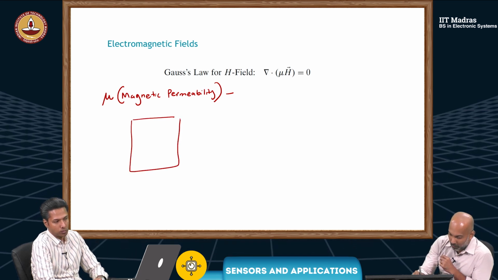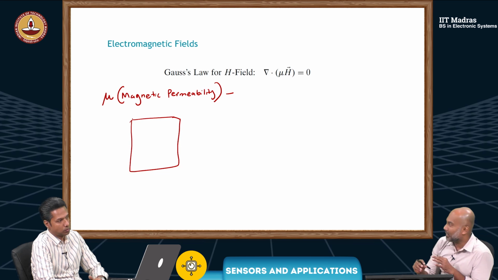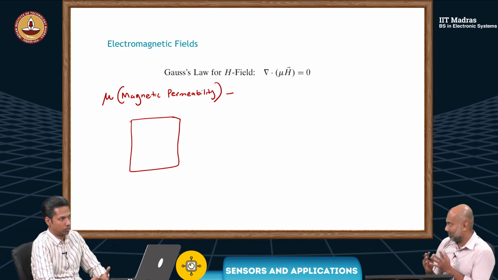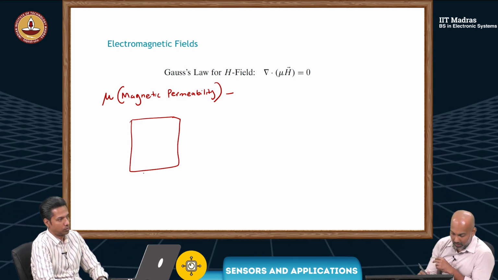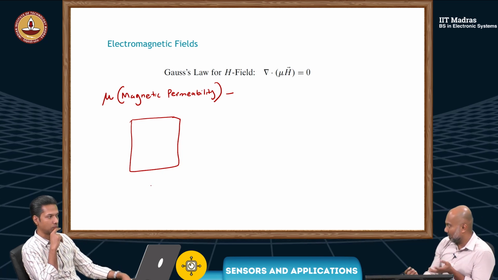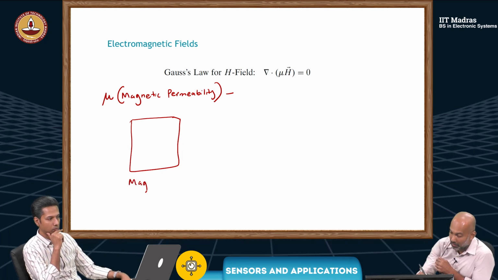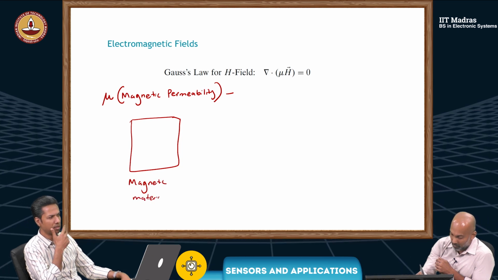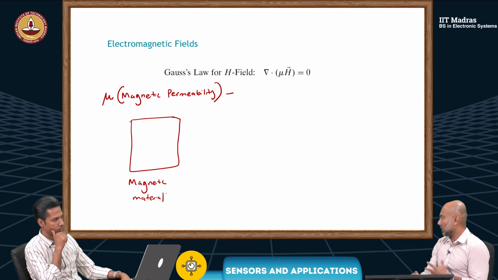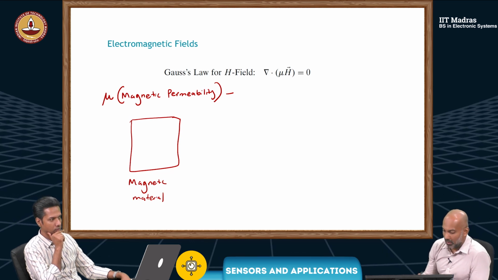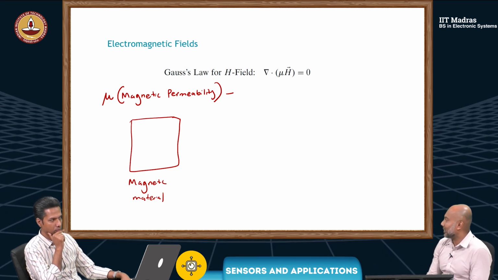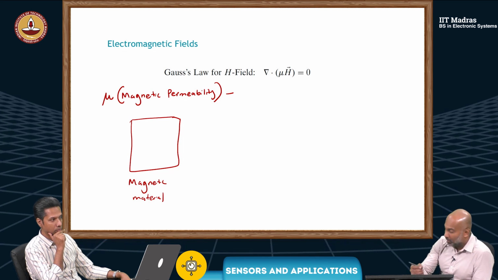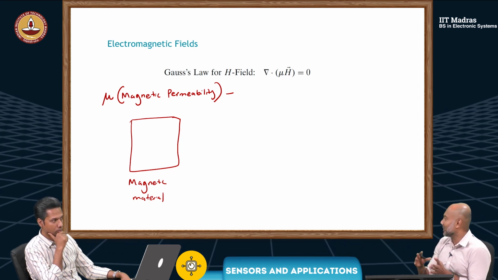Before we talked about atoms reorienting themselves. Now if you look at a magnetic material, let's say soft iron, or a material that has domains in random directions.